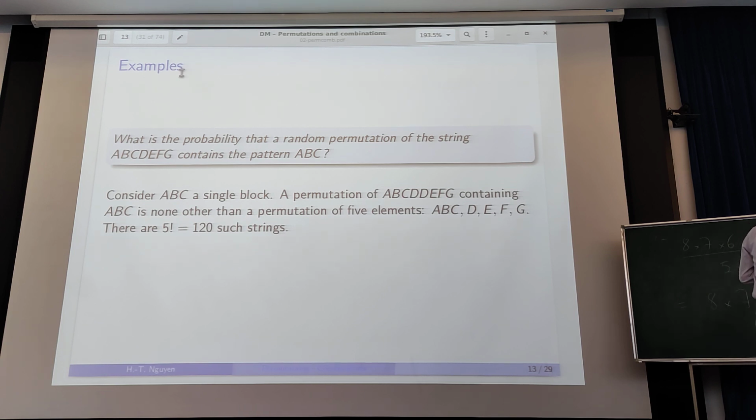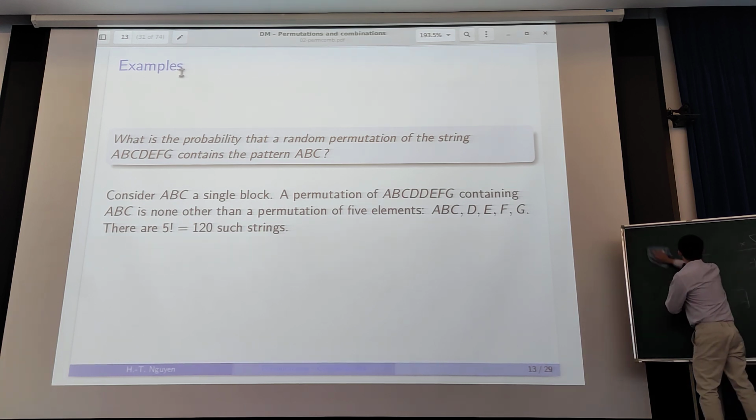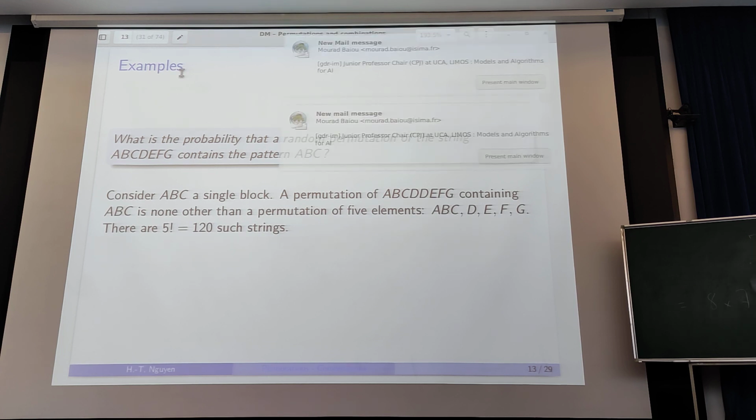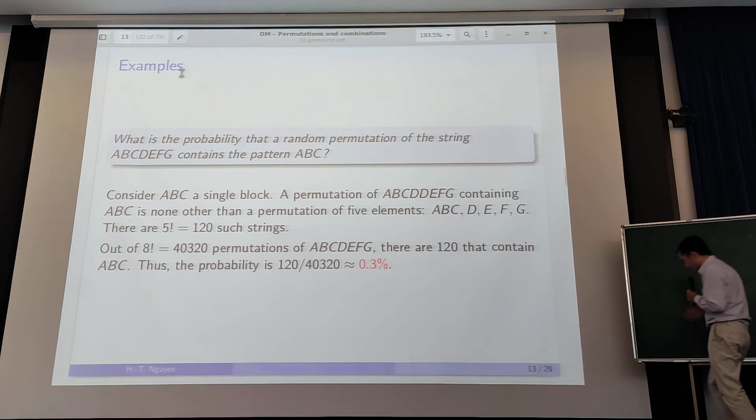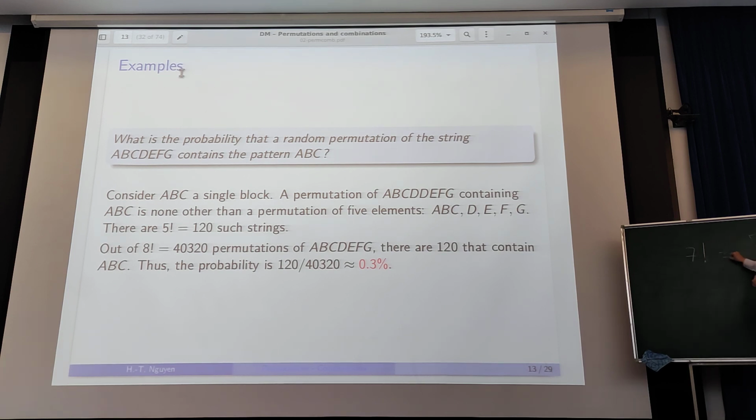So sorry, the total number of strings is not 8 factorial but 7 factorial. So the total number of strings is 7 factorial, which is, as we saw on the previous slide, roughly 5,000 strings. So the probability will be equal to 120 divided by this.